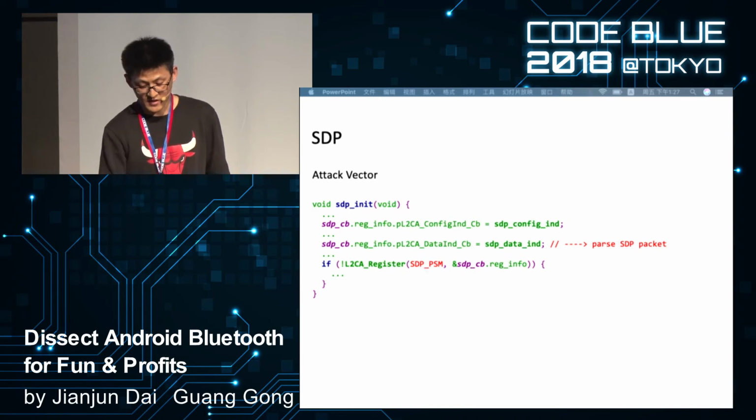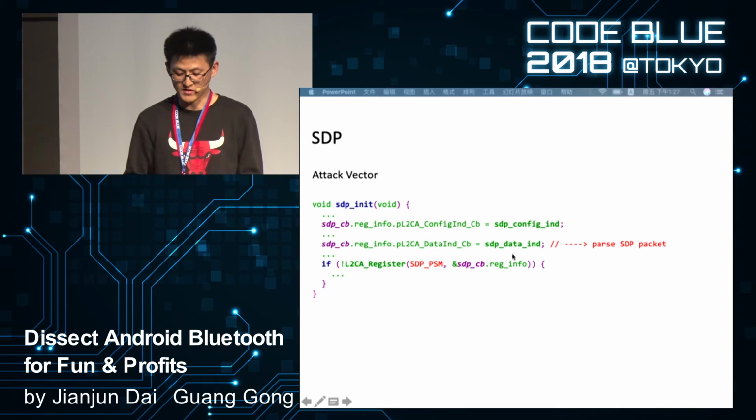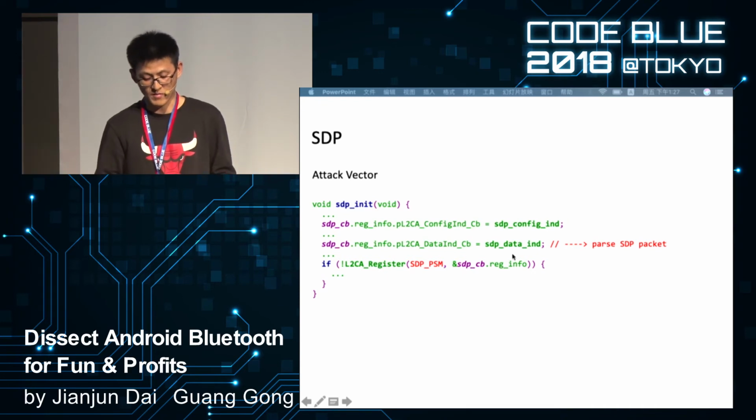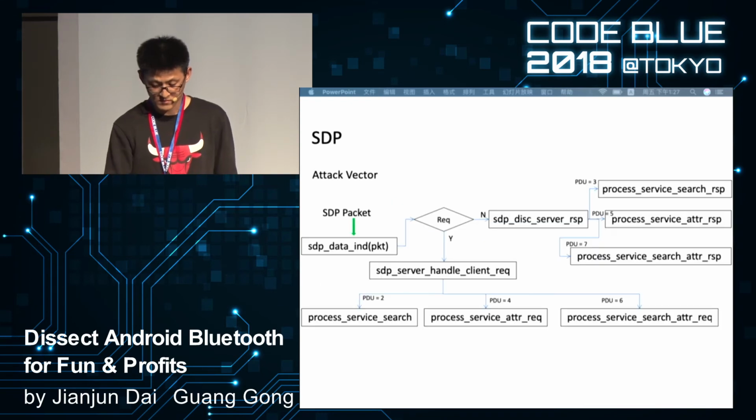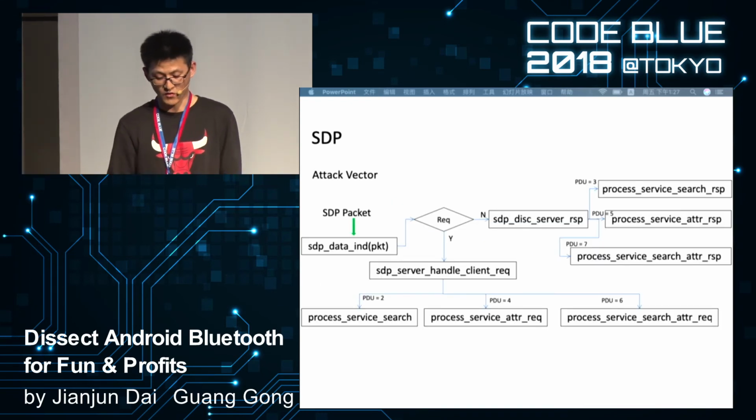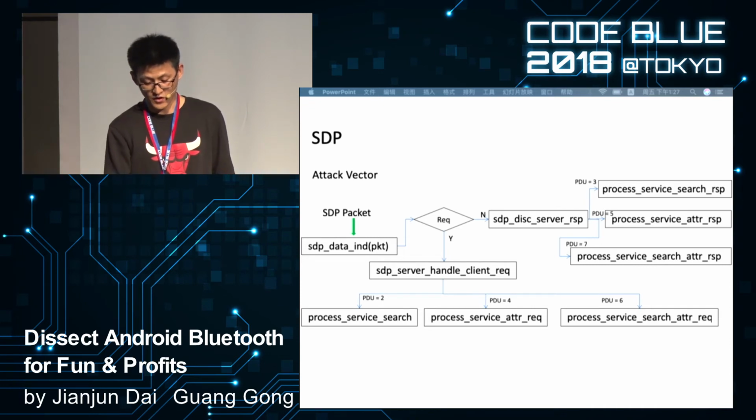The function is sdp_data_ind. When L2CAP receives SDP data, it just calls back this handler. The attack vector of SDP is straightforward. For request data, it calls sdp_server_handle_client_req, and sdp_disc_server_rsp for response data.